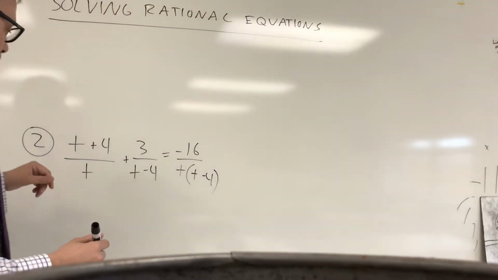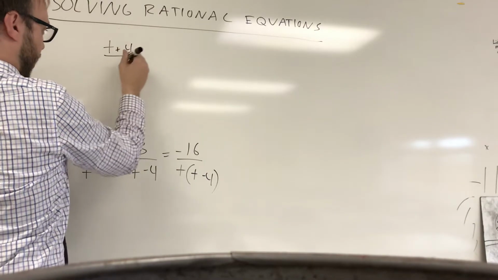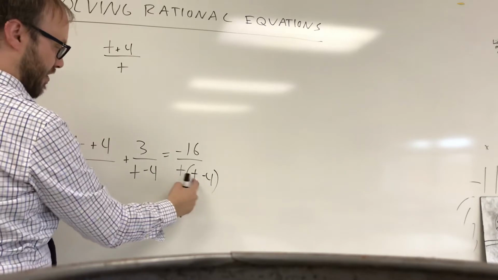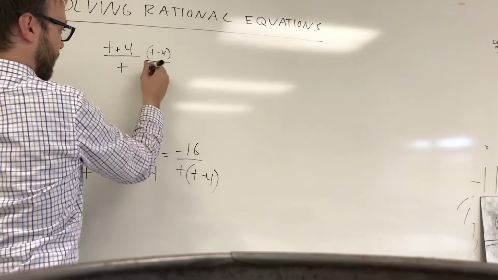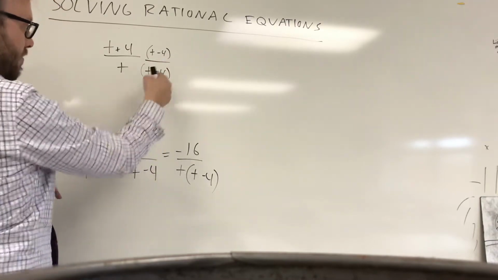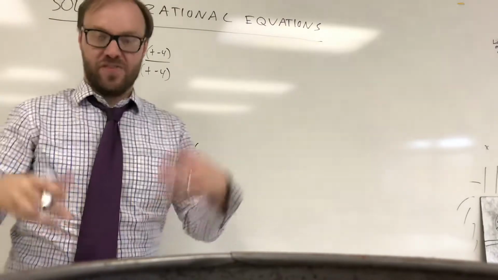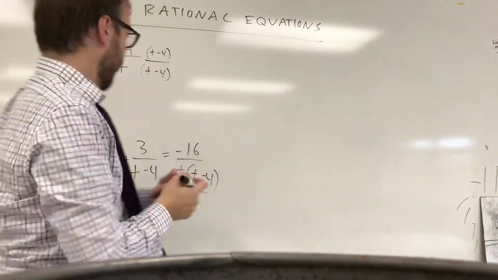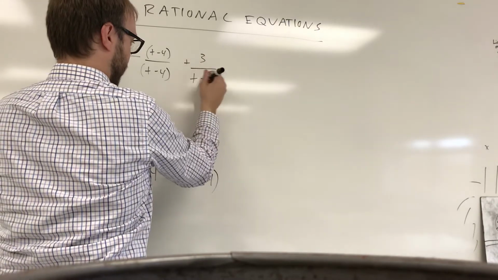So for example, you can take this t plus 4 over t, and you want the common denominator to be t times t minus 4. So you can multiply the top by t minus 4, and you can multiply the bottom by t minus 4. That's the same thing as 1, so we're not changing the value of the fraction, we're just changing the denominator, basically. And then same thing here, you've got plus 3 over t minus 4.